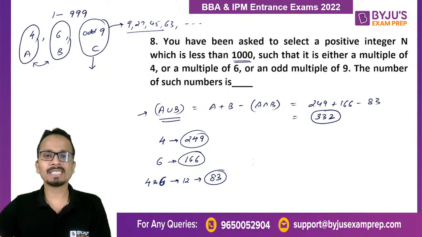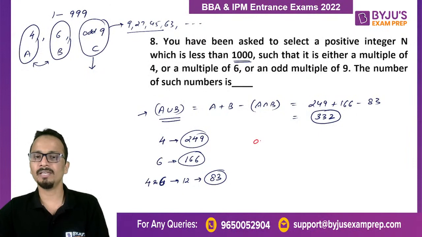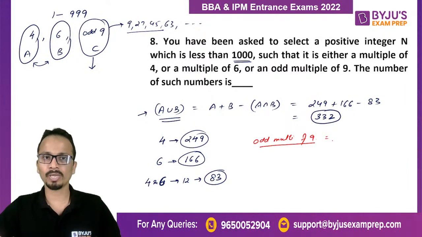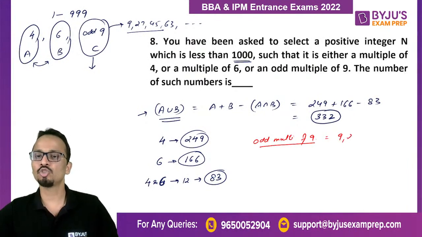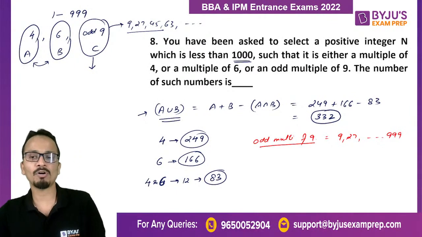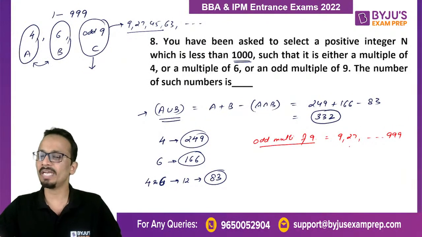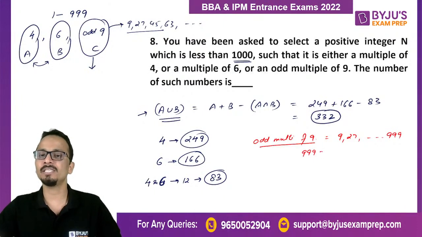Right? Now let's calculate odd multiples of 9. For that you can use an arithmetic progression. Starting from 9 up till 999, you will have to count the numbers which are at a gap of 18, since 27 comes after 9, so the gap is 18. So the nth term 999 is equal to a plus n minus 1 into common difference, which is 18.